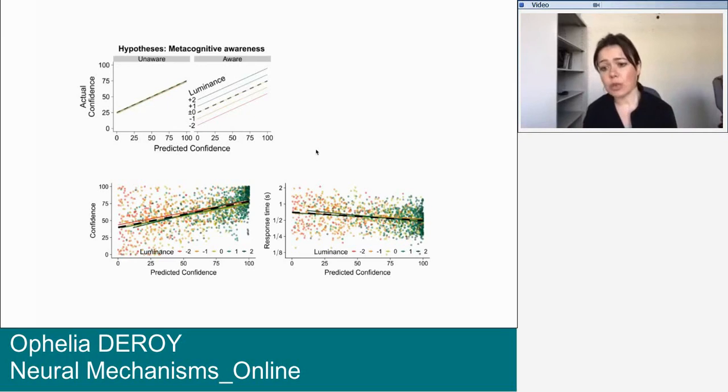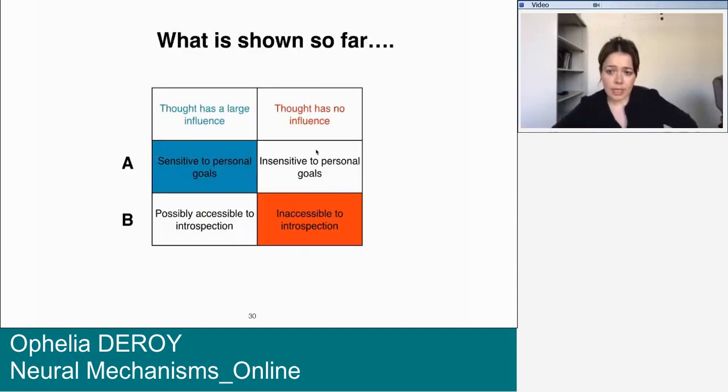That is, participants were not distinctively aware of any influence of the morphology over and above the fact that they were more confident when there was an easy difference in terms of luminance, and less confident when it was a difficult difference to detect. So there is no clear sign that people were aware, when invited to reflect on their decision, that they used morphology at all. So I'm coming to the last two slides here.